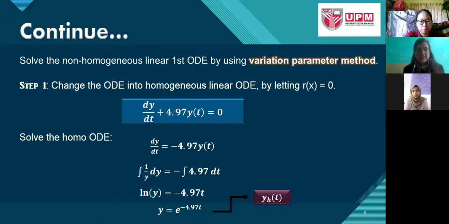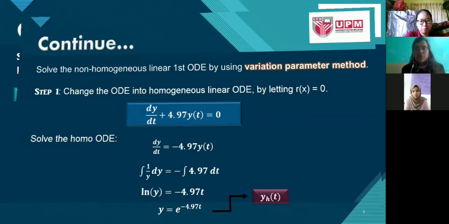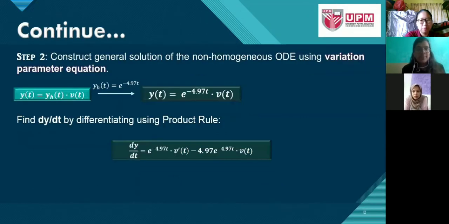Okay, so next, Atrina will be continuing the presentation. Okay, next for step 2, we're going to construct a solution for the non-homogeneous ODE using the parameter equation, by substituting the value of y that we got just now into the equation.